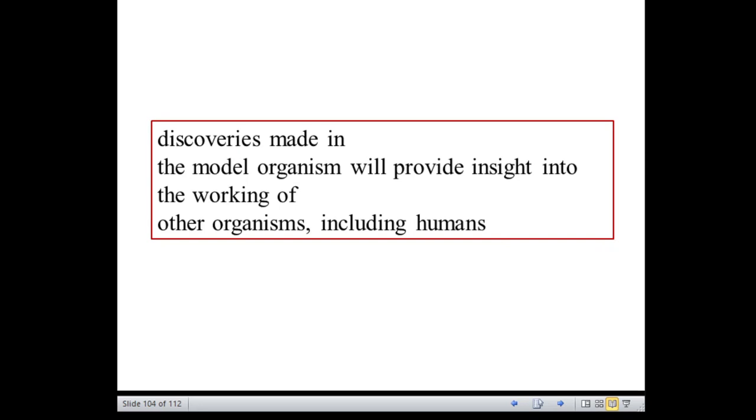And among vertebrates, frog, xenopus, mouse, chick, and you might have heard about the zebra fish. So these are taken into consideration for model system.